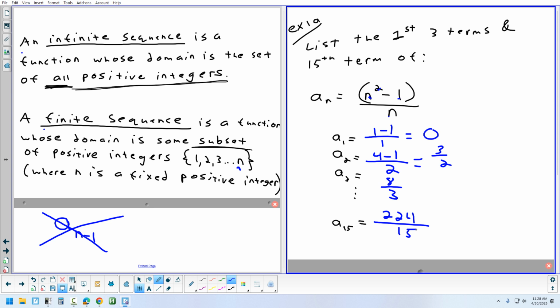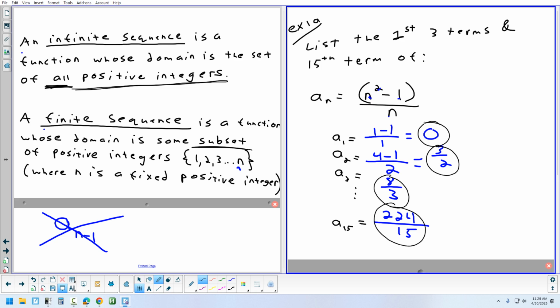Okay, so that's how you use a formula to predict or calculate terms in a sequence. If you're given the formula, that's pretty straightforward. Any question how we got the first 3 terms and then the 15th term?